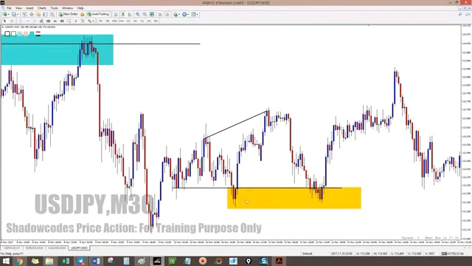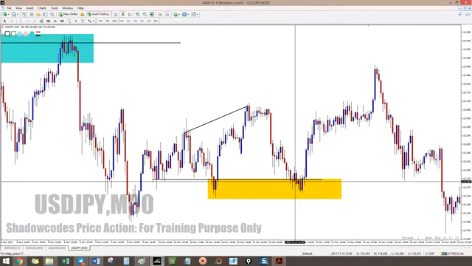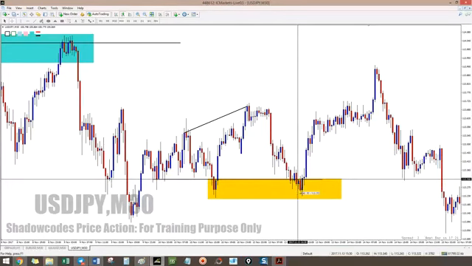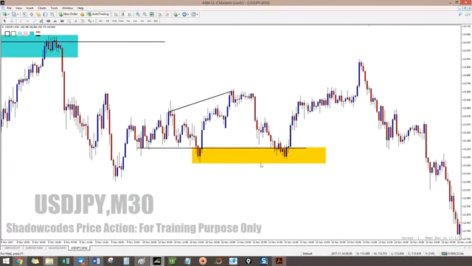For my preferred trade, I don't mind floating inside this area because I know price will still come out. If it hits my stop loss, it's okay. I will accept the loss and will not hold my position.